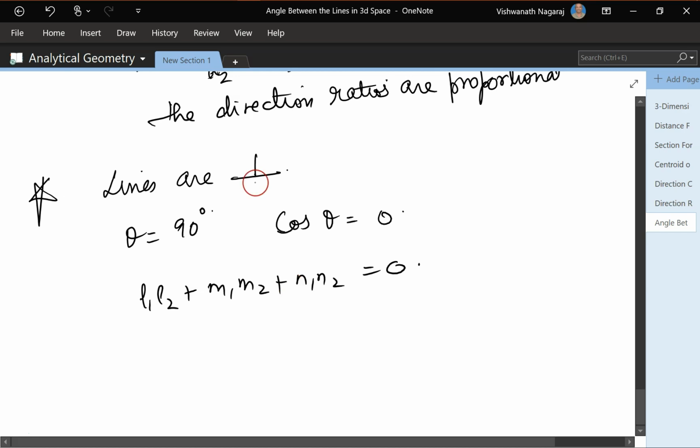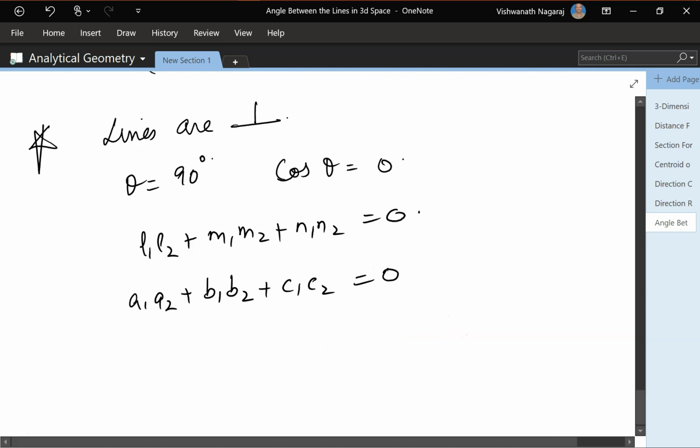So if the lines are perpendicular, then this is equal to 0, or if this is equal to 0, it means that the lines are perpendicular. Again, in terms of direction ratios, A1 A2 plus B1 B2 plus C1 C2 is equal to 0.